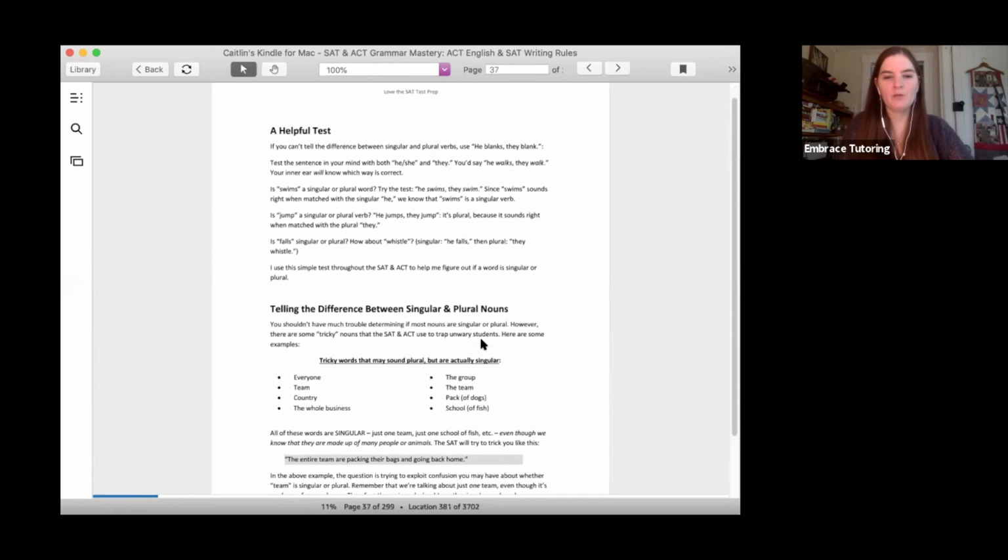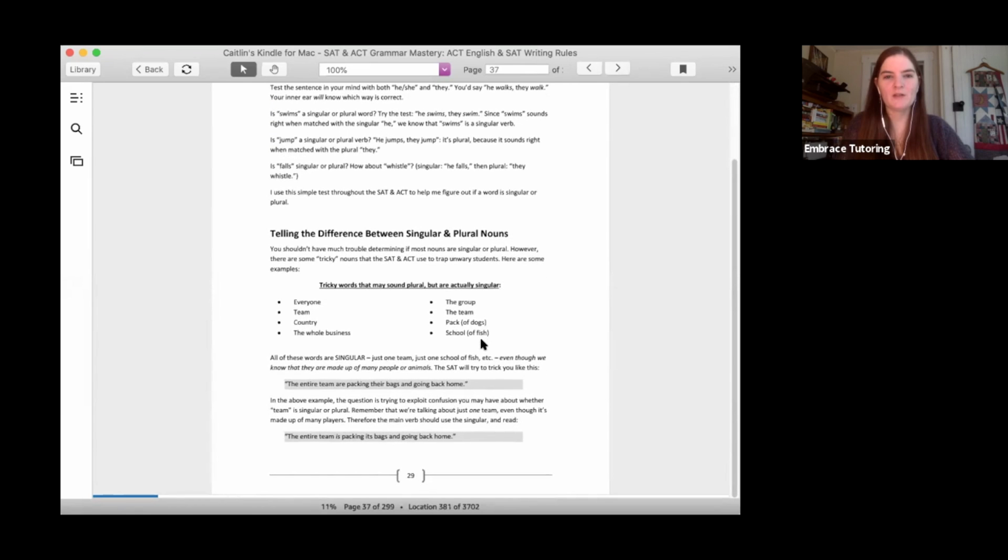But remember, we also last week looked at understanding tricky nouns that can sound to us like they should have a plural verb, but they actually are singular. They are singular forms of a noun, so they need a singular verb form to match that.